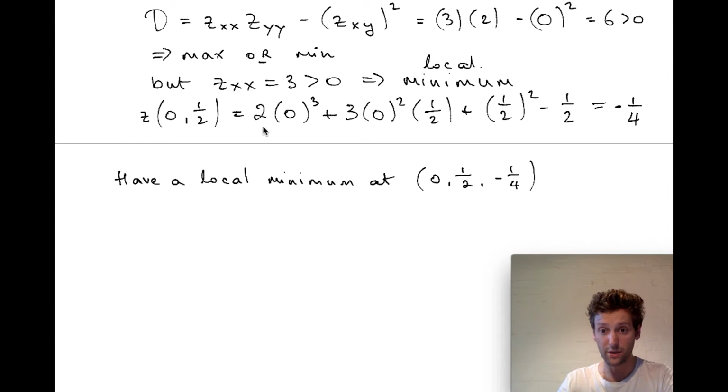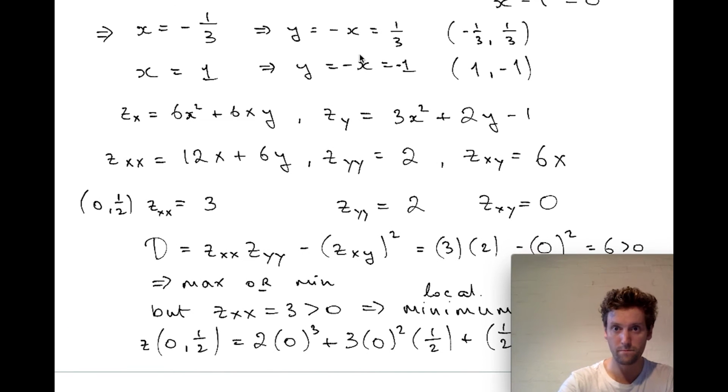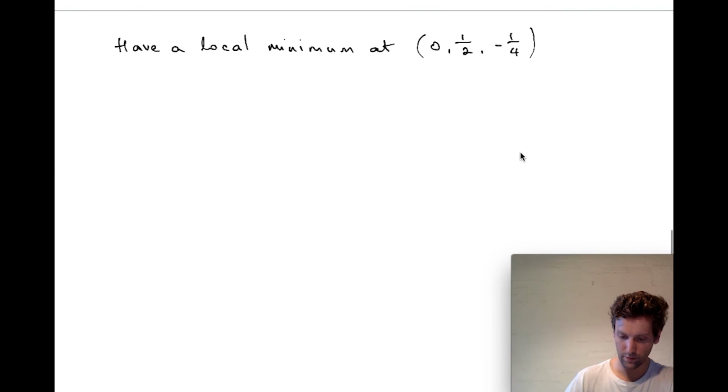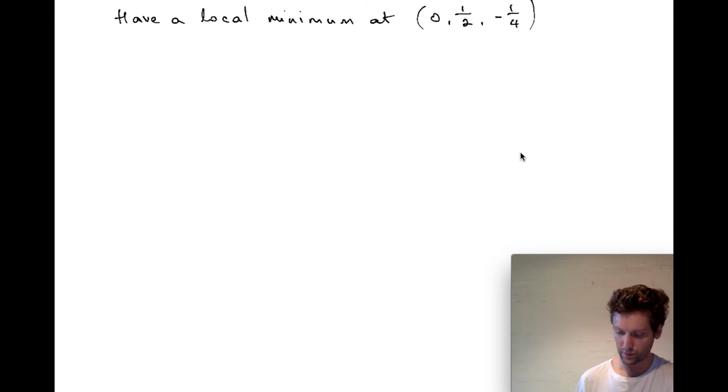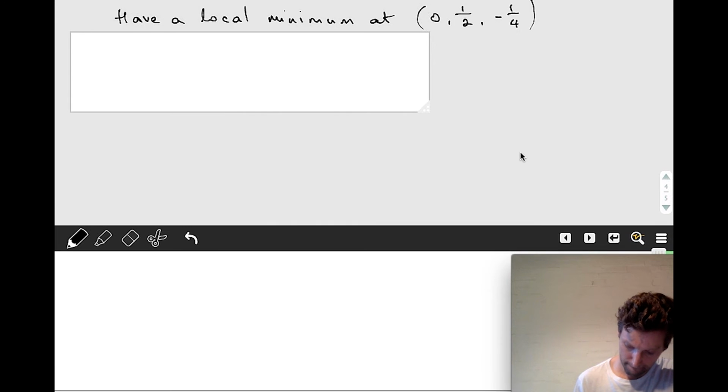Let's move on to the second of our stationary points. That was minus a third. So we're again going to substitute this expression into our second derivatives for z. So we have the point minus 1/3.